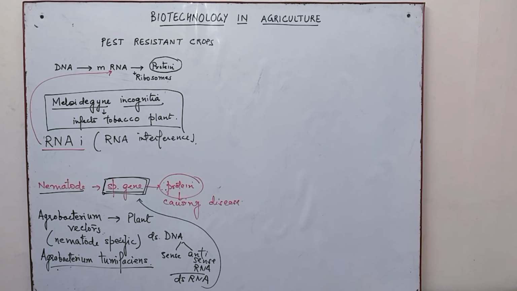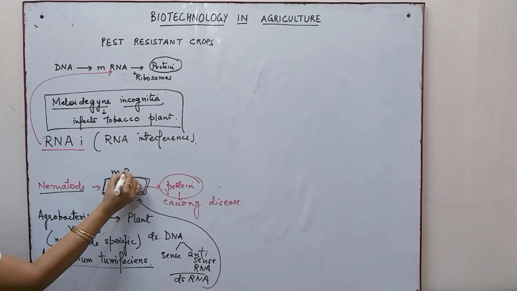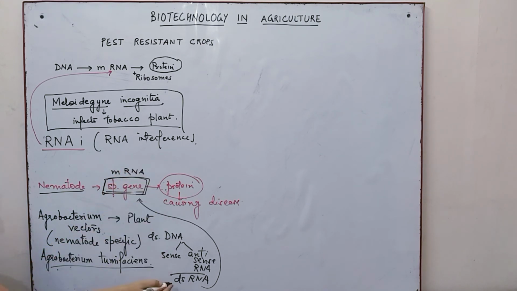Now, why does this dsRNA bind to mRNA? It is because the dsRNA is complementary to mRNA and it prevents the translation of mRNA.